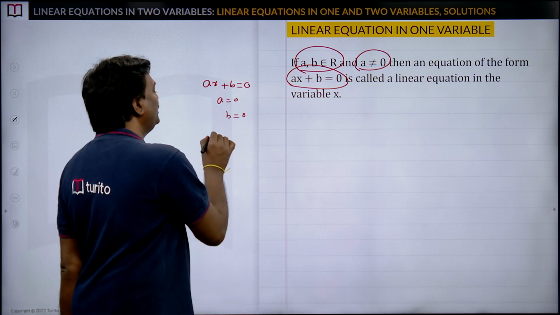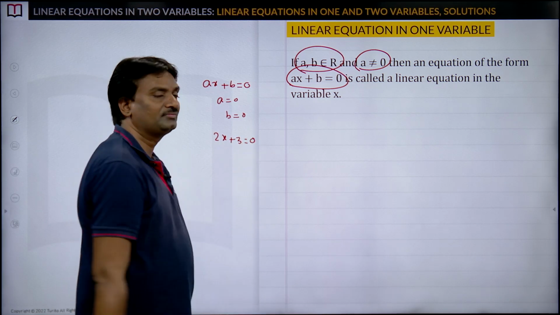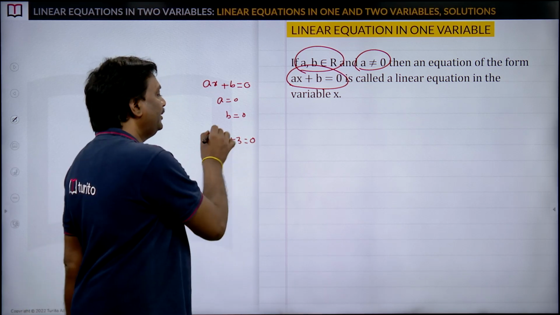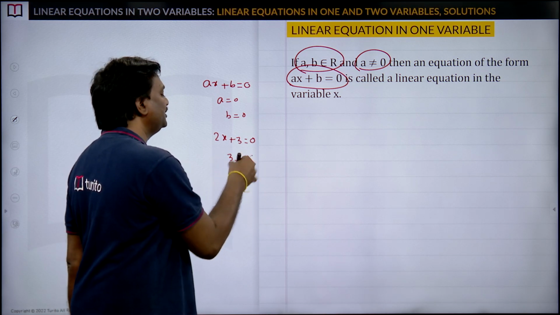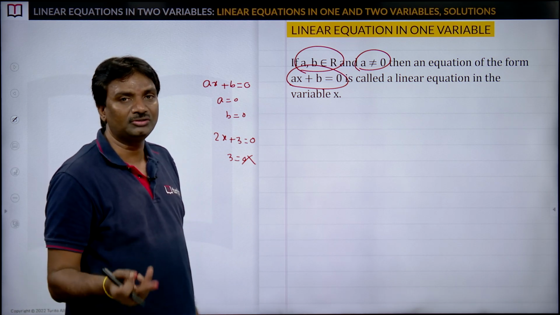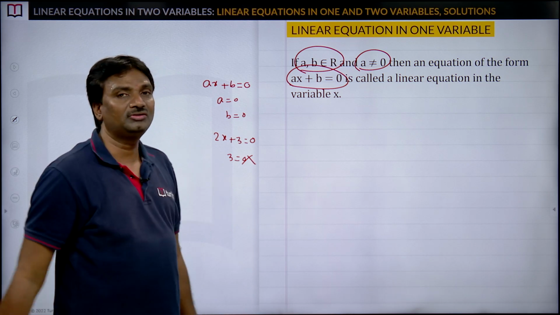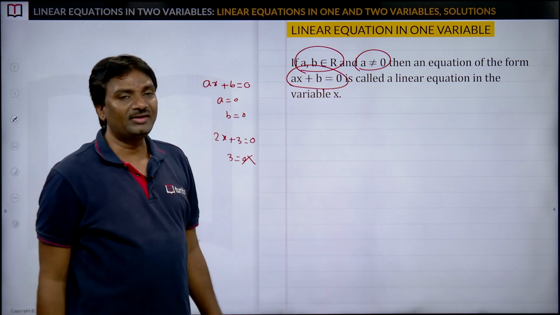For example, take 2x plus 3 equal to 0. If in place of 2 you take 0, what will you get? 3 equal to 0, which is meaningless. 3 is never equal to 0. That is why you must take A not equal to 0.